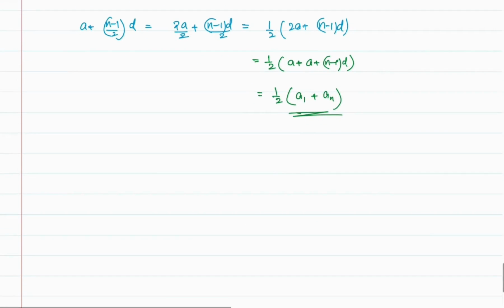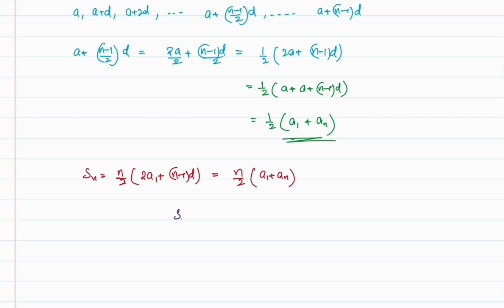So we know that the sum of an AP is given by the formula Sn equal to n by 2 times (2a1 plus (n minus 1) into d), and this will also be equal to n by 2 times (a1 plus an). Now we can write this as Sn equal to n into (a1 plus an) by 2. (a1 plus an) by 2 is the arithmetic mean of the first and last term, which is equal to the middle term as discussed previously.